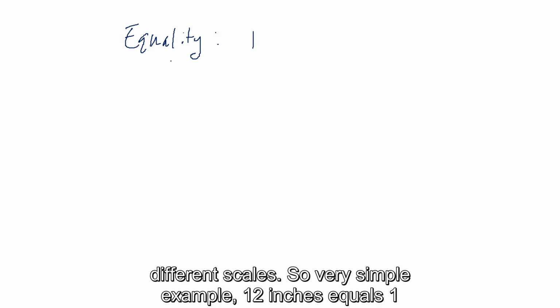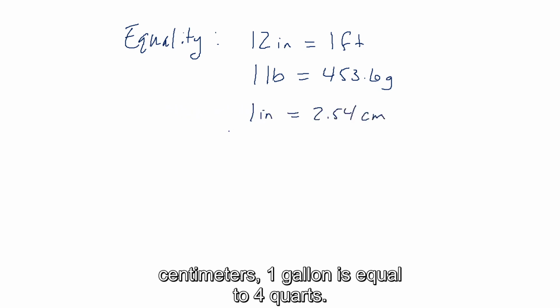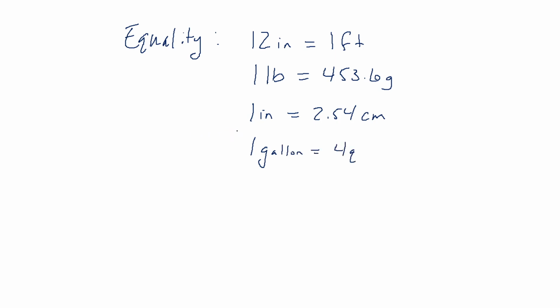So, very simple example, 12 inches equals 1 foot. 1 pound equals 453.6 grams. 1 inch equals 2.54 centimeters. 1 gallon is equal to 4 quarts.